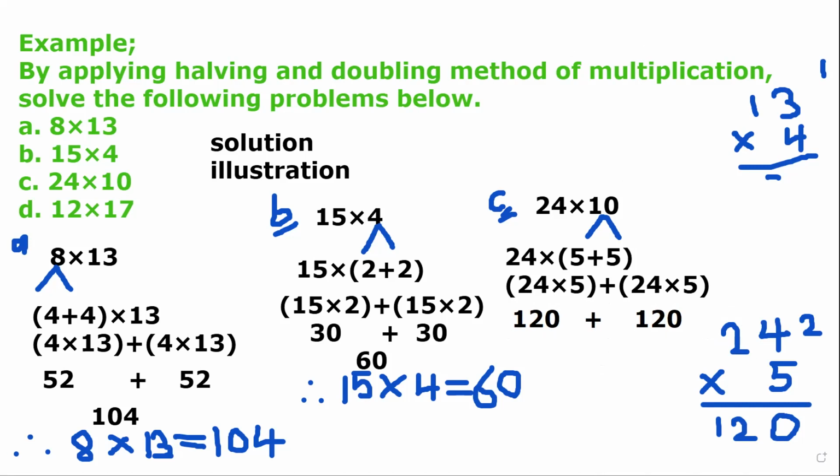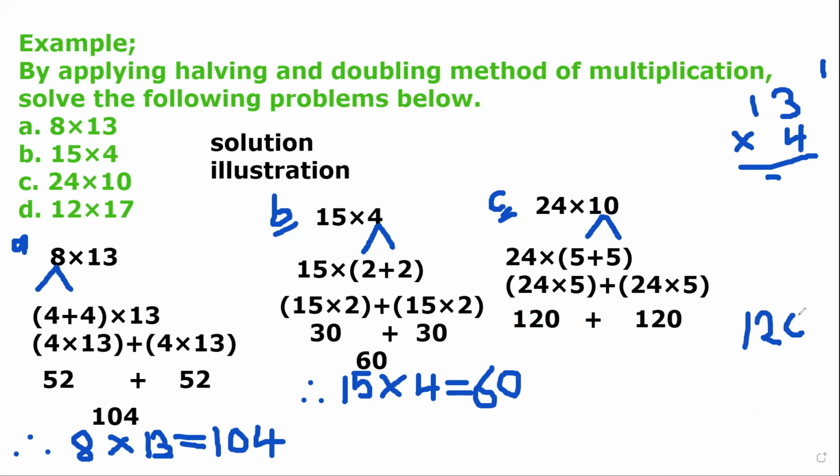Let me add. Now let me clean this side. Okay, good. And let me add this one. 120 by 120 is 0, 2, 1. Then you add them. Okay, so here will be 0, 4, 2. Okay, that is 240. Then the final answer here is 240. Okay, good.